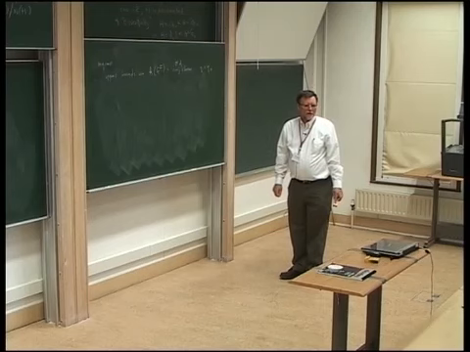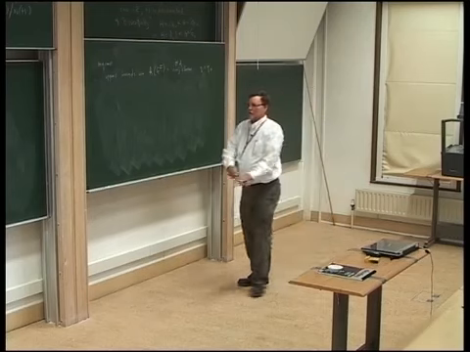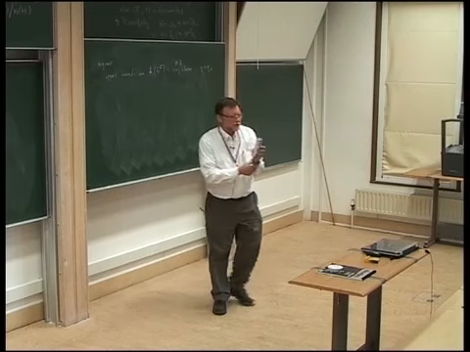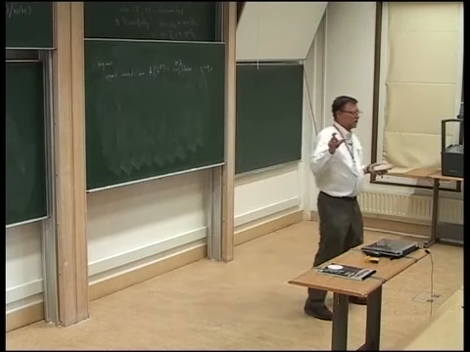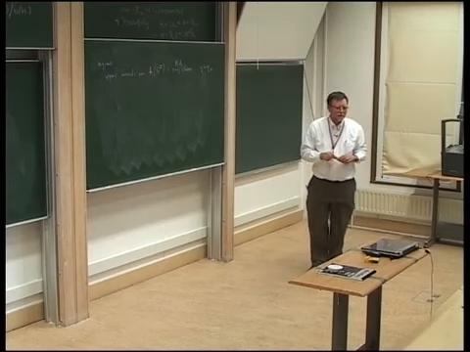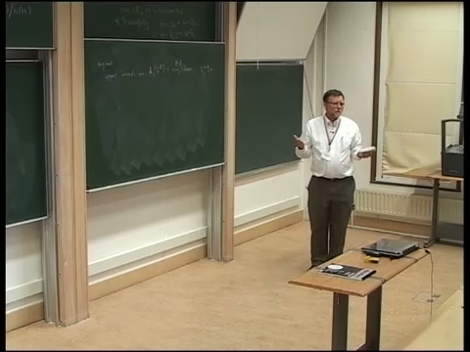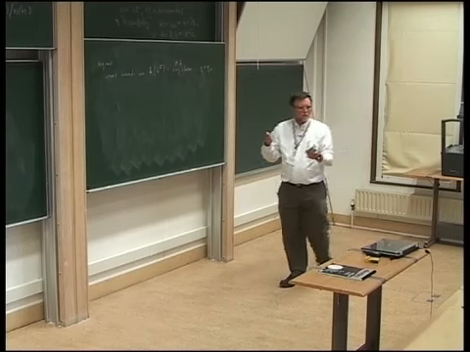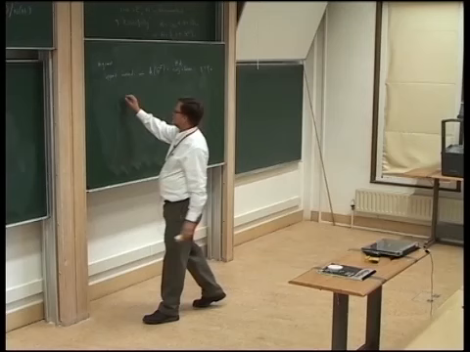Although there are a couple of issues. The results in the literature were actually weaker than that. And also, what happens when r goes to infinity? You want to get uniform bounds. So in fact, that's what Jason and I did.